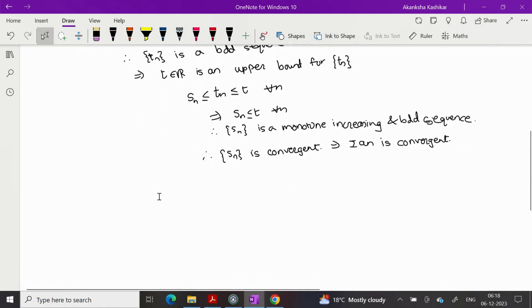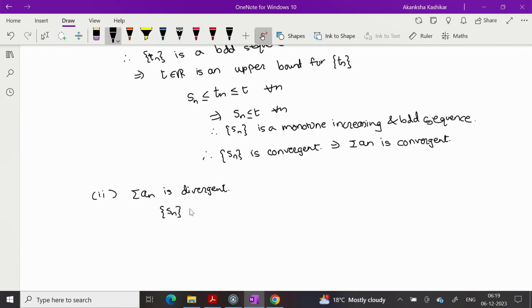Let me prove the second part of the comparison test. In the second part, we say that if the smaller series diverges, then the bigger series also diverges. What is given to us is that summation an is divergent. If we continue with the same notation, that would mean that Sn is an unbounded sequence, the corresponding sequence of partial sums is unbounded.